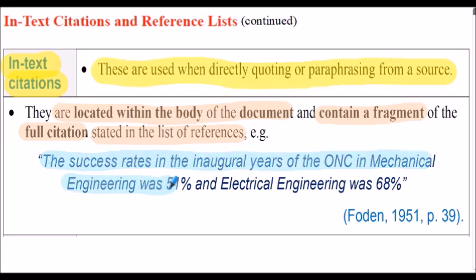This actually refers to the initial years of the ONC engineering qualification, dating back to 1920, and how the pass rates in these early years of the qualification were very poor. So the in-text citation here is Foden, that's the author, 1951 was the date of the article, and I've actually stated the page number of the article on which you can find this particular quote.